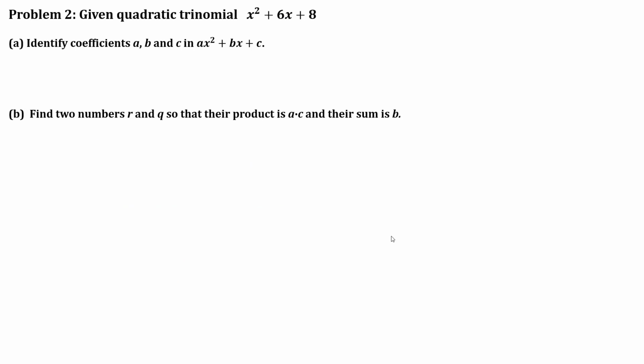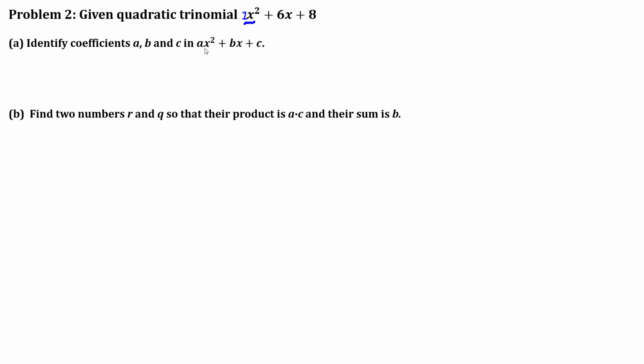Let's look at another one. Problem 2, given the quadratic trinomial x squared plus 6x plus 8, you want to identify the coefficients a, b, and c in ax squared plus bx plus c, and then find two numbers so that their product is ac and their sum is b. The first thing we're going to do is identify a, b, and c.